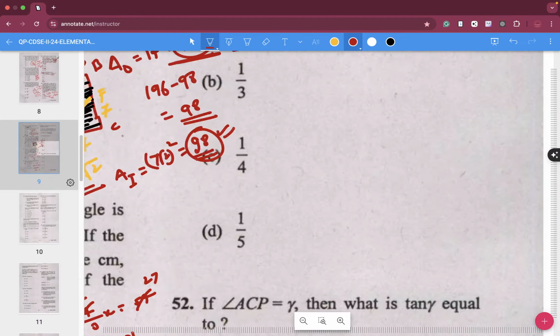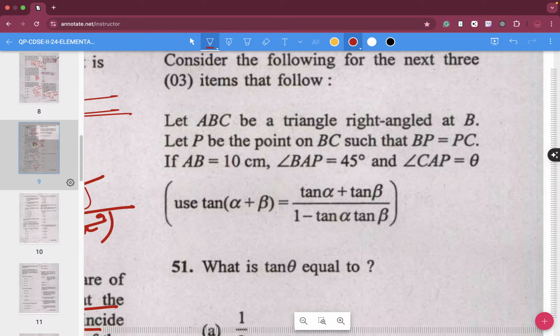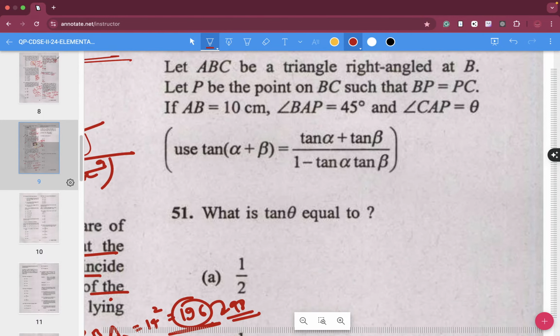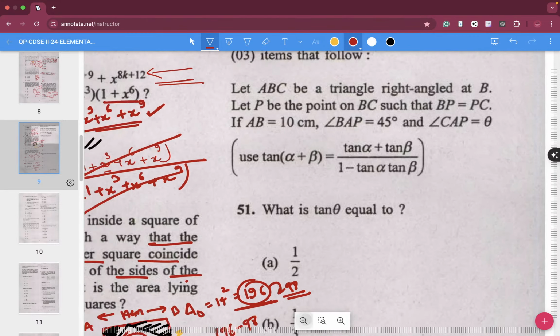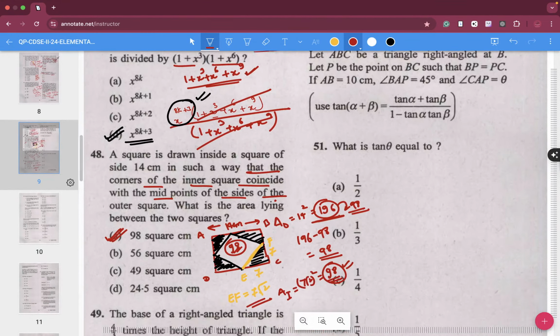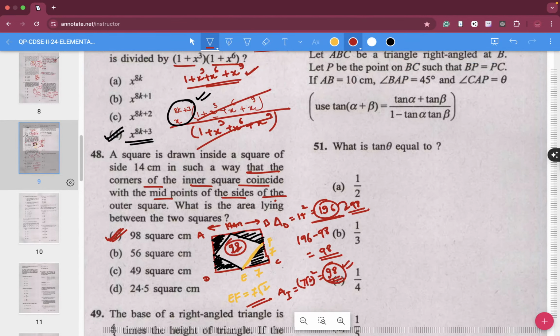Alright, so we'll move to the next question, question number 51. Consider the 3 items. Let triangle ABC be right angled at B. Now let me just reduce the size a little bit over here.